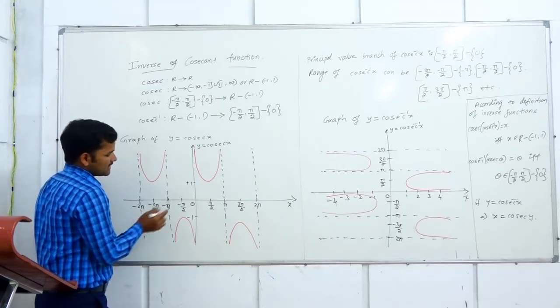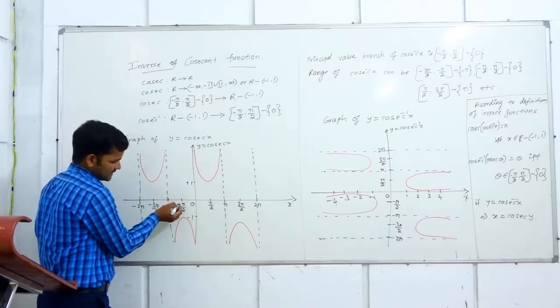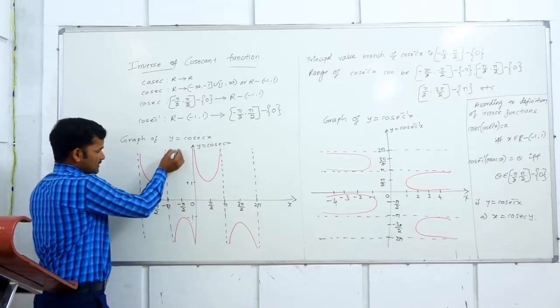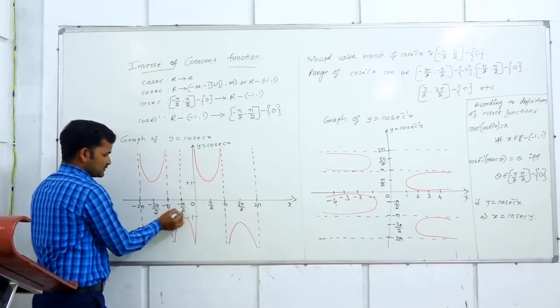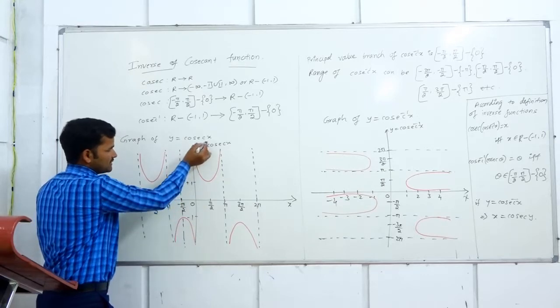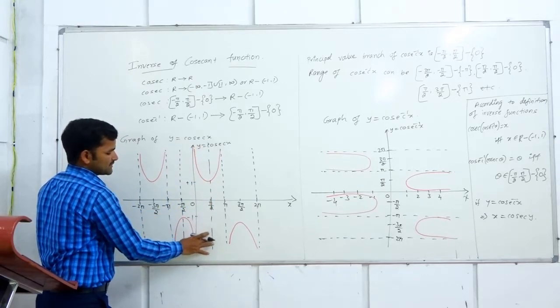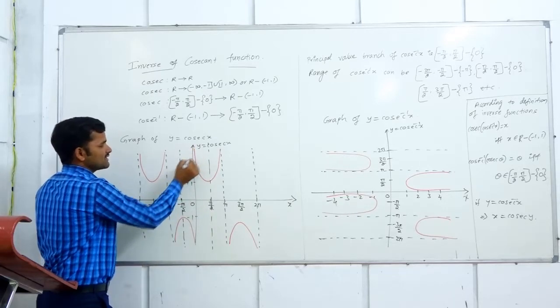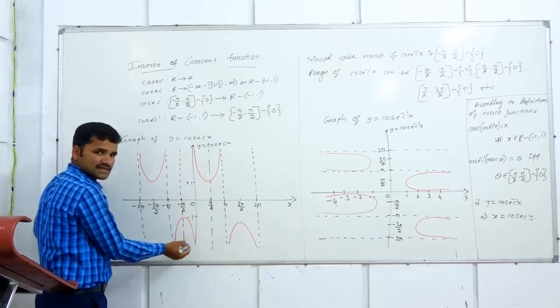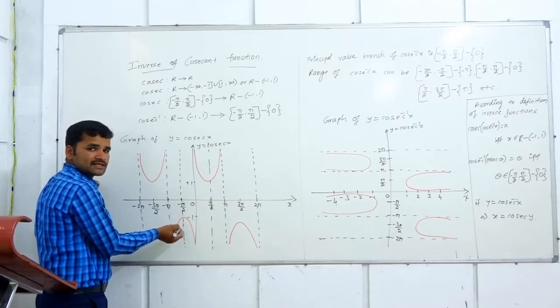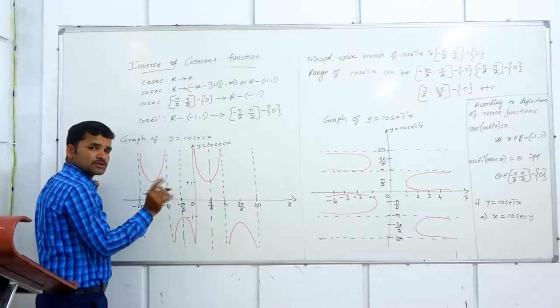How to restrict? You see the restriction from minus pi by 2 to plus pi by 2. In this interval, if you draw the horizontal line wherever the graph is there, the horizontal line intersects the curve at only one point.